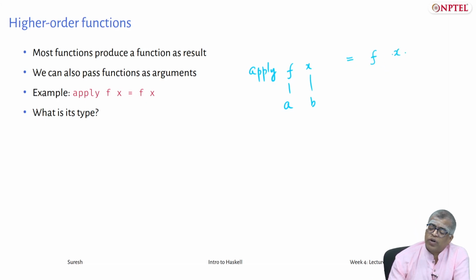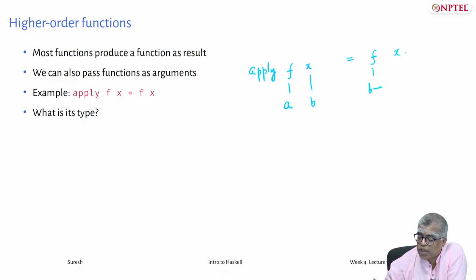So f itself is a function type because f is being applied to x. Therefore, it better be the case that f is of type B arrow C. In general, C arrow D, but then f is being applied on x and x has type B, so therefore this C is equal to B. Okay, so therefore the conclusion is that f is of type B arrow D.